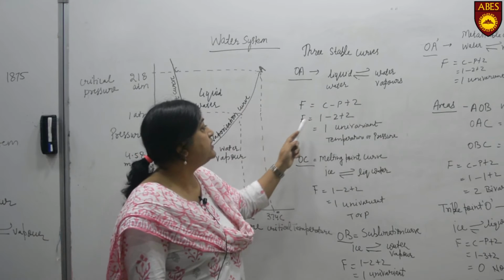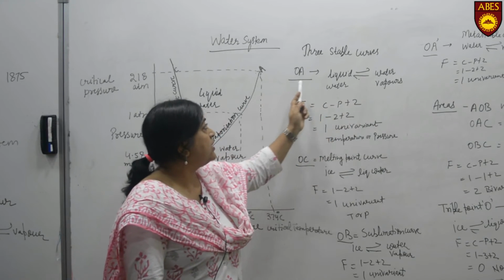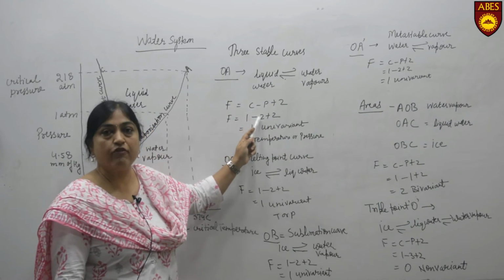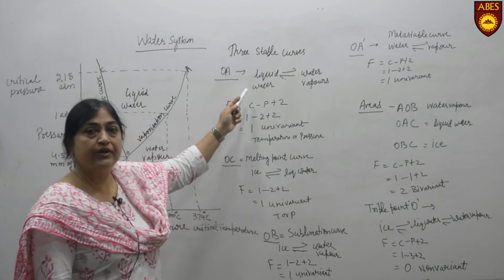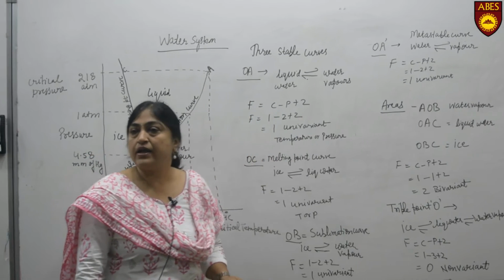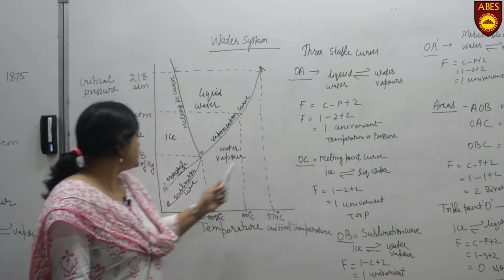We can calculate it. F = C - P + 2. This curve has two phases, so we put the value of 2 in place of P and it is a one component system. So we can calculate that the degree of freedom is 1 and so it is a univariant system.